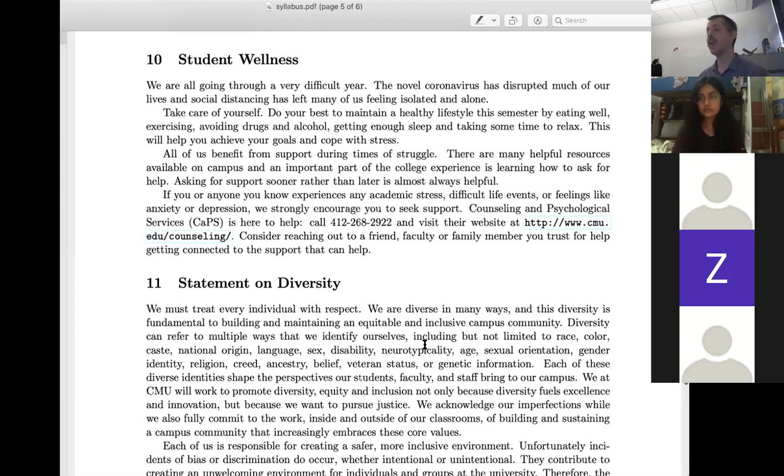And if any of you need accommodation for these kinds of struggles or need extra help, please let us know. And if you know anyone who is experiencing significant stress from life events or feelings like anxiety or depression, then please seek support.